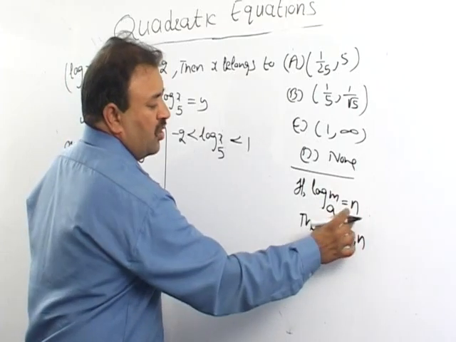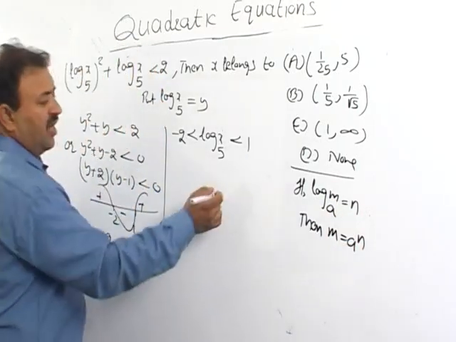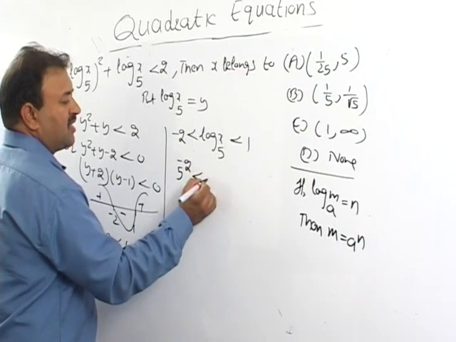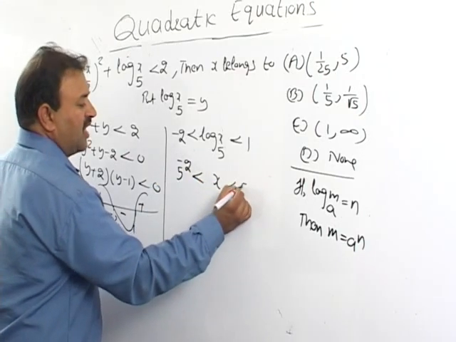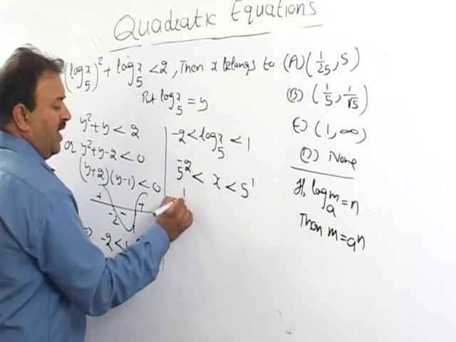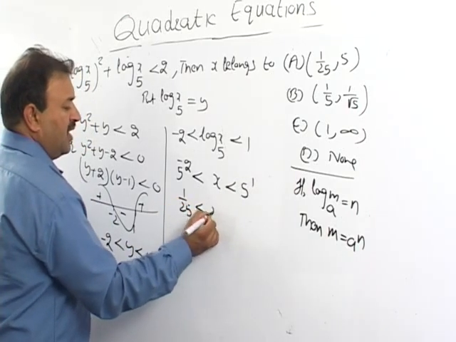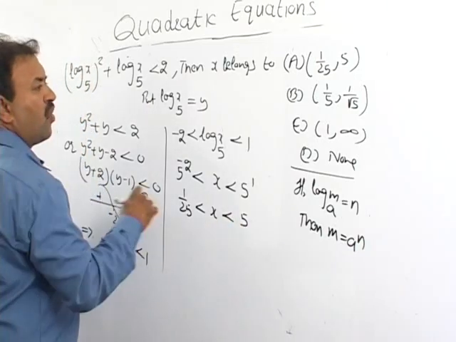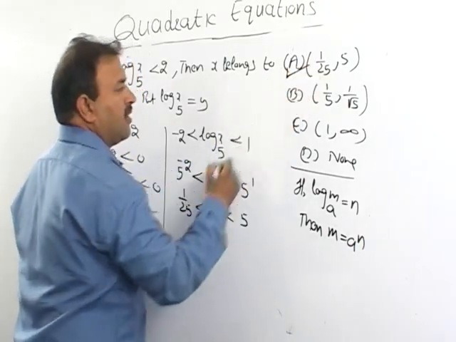Here we can say 5 to the power minus 2 is less than x is less than 5 to the power 1, that is, 1 by 25 is less than x is less than 5. So the right option we got from here is A.